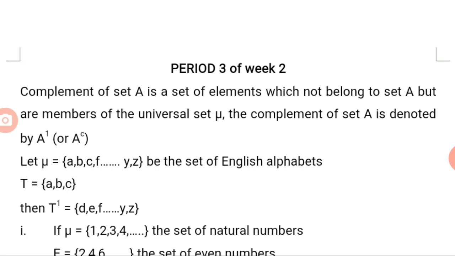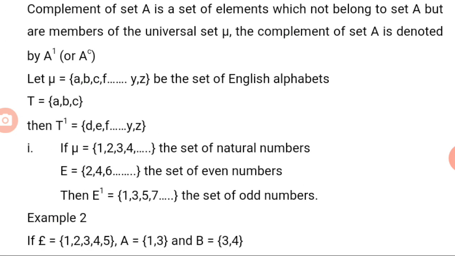Now, let us look at this example. If a universal set has elements 1, 2, 3, 4, and so on, as the set of natural numbers, that is 1, 2, 3, 4 up to infinity.